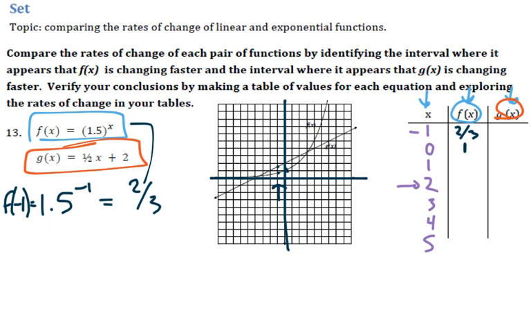And then it's hard to see any other easy numbers except for this one of f of x, right? 1, 2, 3, 4. 1, 2, 3, 4, 5. So at 4, f of x is at 5. To find the other ones, we just simply plug it in. 1.5 to the first is 1.5. Okay, 1.5 to the second is 2.25.